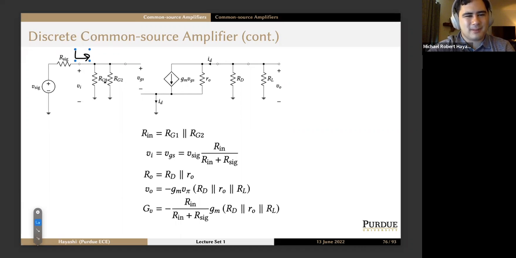For this circuit, we have RG1 in parallel with RG2 to ground, and then in parallel with an open circuit. Remember, anything in parallel with an open circuit is just the other thing. So Rn is equal to RG1 in parallel with RG2. Vi is equal to VGS, which is V sig times Rn over Rn plus R sig. So there's a voltage divider, which is found by getting the equivalent resistance here, Rn.